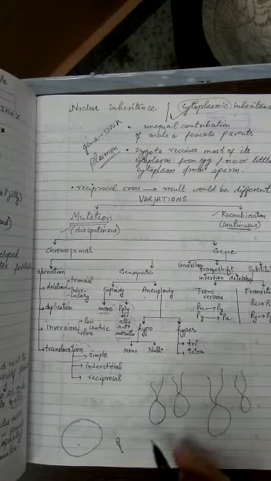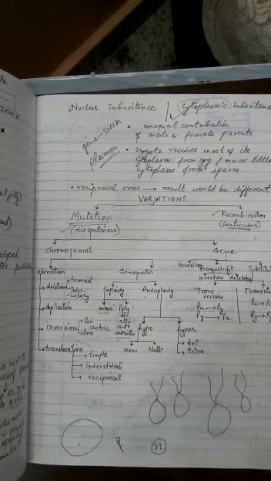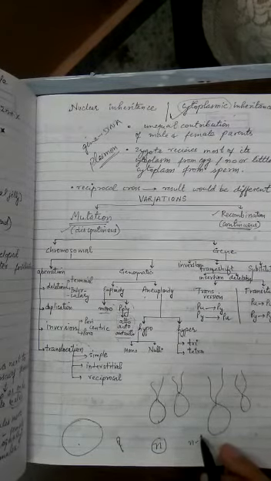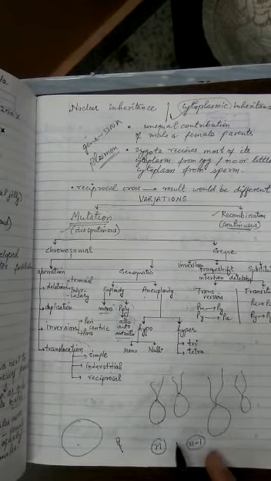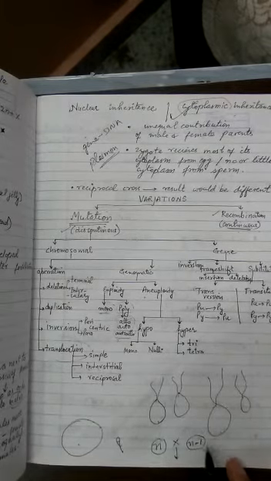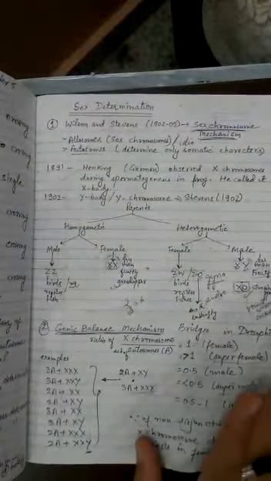So for example, imagine a gamete. We all know gametes carry n number of chromosomes. Imagine a gamete by chance carries one less chromosome. When such a gamete fertilizes a normal gamete, why is there one less? Because one has gone extra, because of non-disjunction of chromosome.